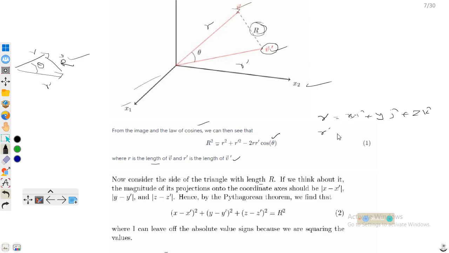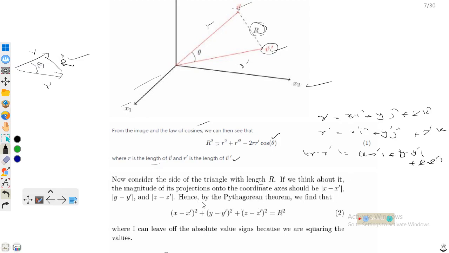Similarly, R prime is equal to x prime i plus y prime j plus z prime k. So the magnitude of R minus R prime has components x minus x prime, y minus y prime, and z minus z prime.